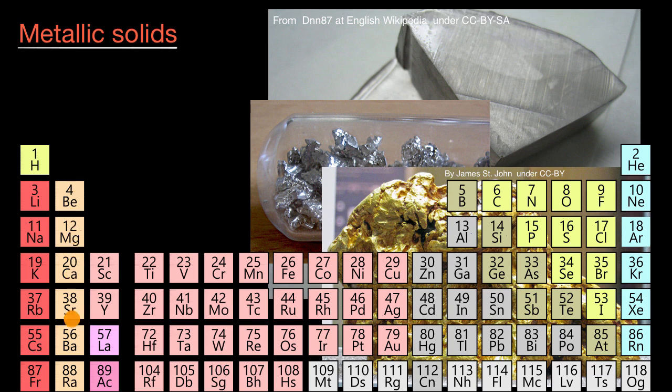These alkaline earth metals, they have 2 valence electrons. They too can be ionized, or if you have a pure sample, like in calcium, they can contribute 2 valence electrons to a sea of electrons. And the transition metals here have a similar ability to contribute valence electrons. And so, in general, we can view metallic solids as having these positively charged cations in a sea of electrons.